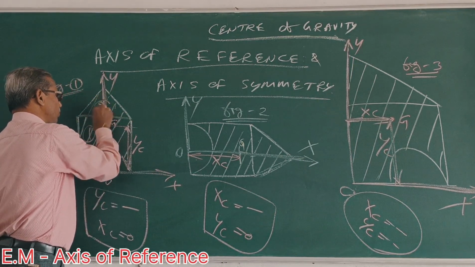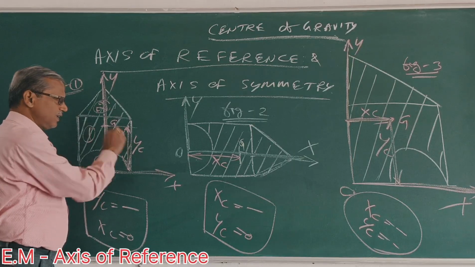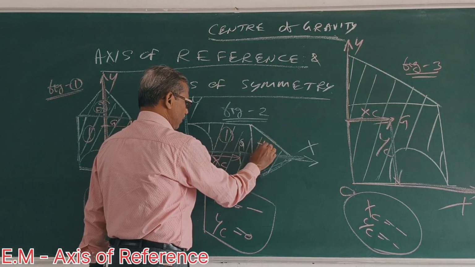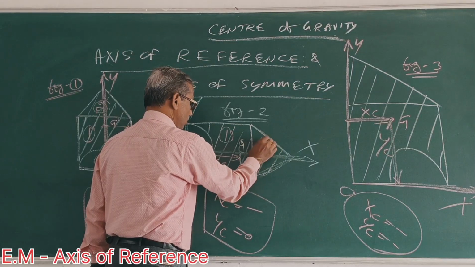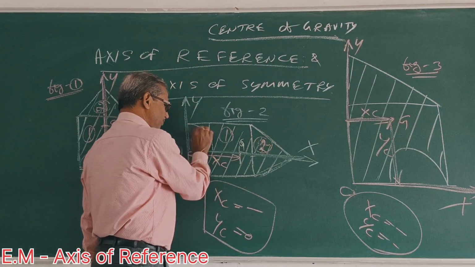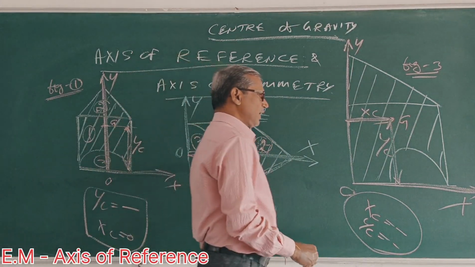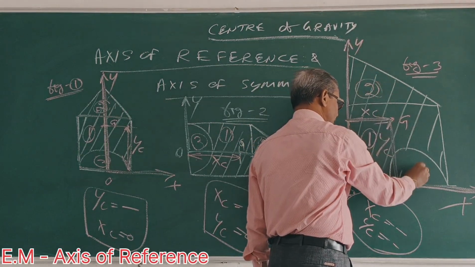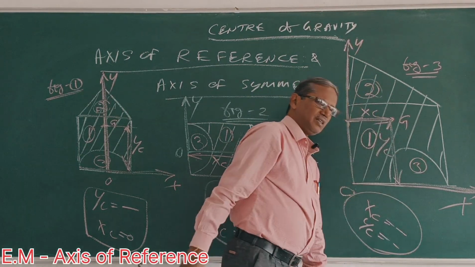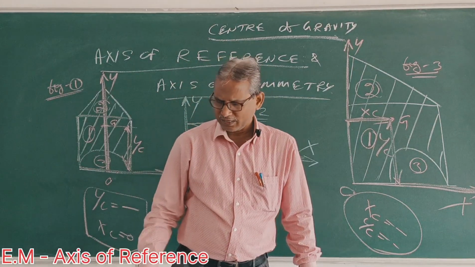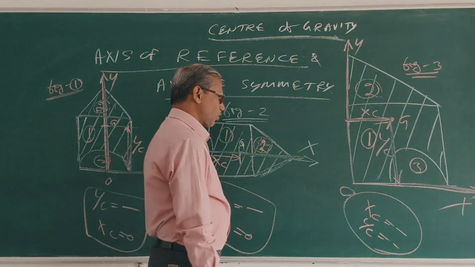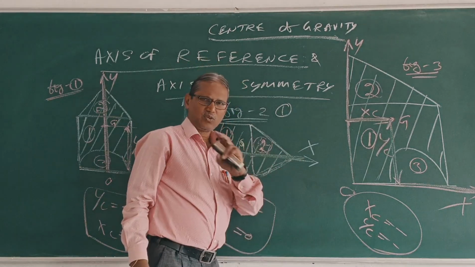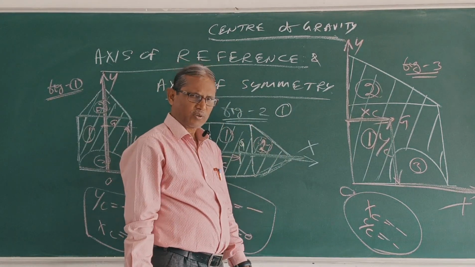So in all these cases, this is 1 plus 2 minus 3. Clear? Here also 1 plus 2 minus 3. Here also rectangle 1 plus triangle 2 minus semicircle 3. Clear? So first find out for 1: a1, x1, y1.